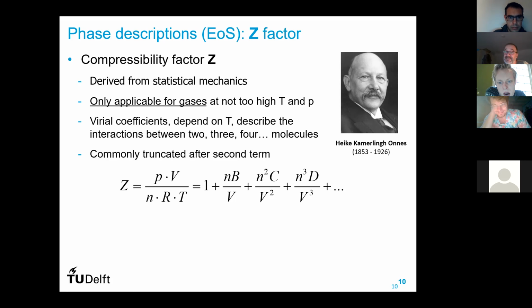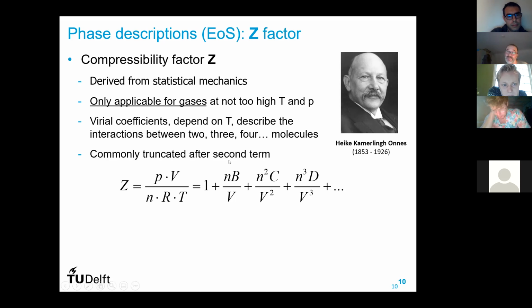So more or less he derived this compressibility factor, Z factor, from statistical mechanics. What he said is that you have interaction between all kinds of molecules. In statistical mechanics, he looked into interaction between two molecules, then between three molecules.